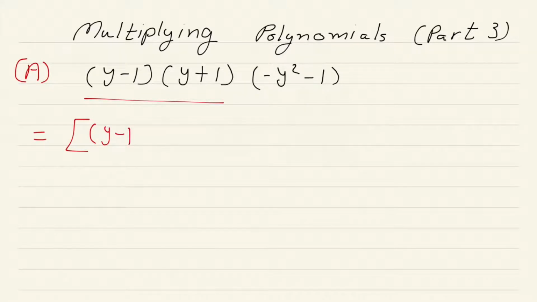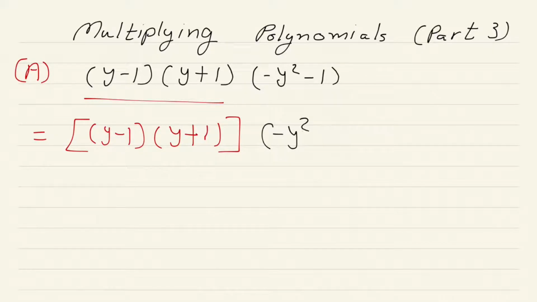Y minus 1, y plus 1. We will do this part first and then we will multiply the answer by negative y squared minus 1.